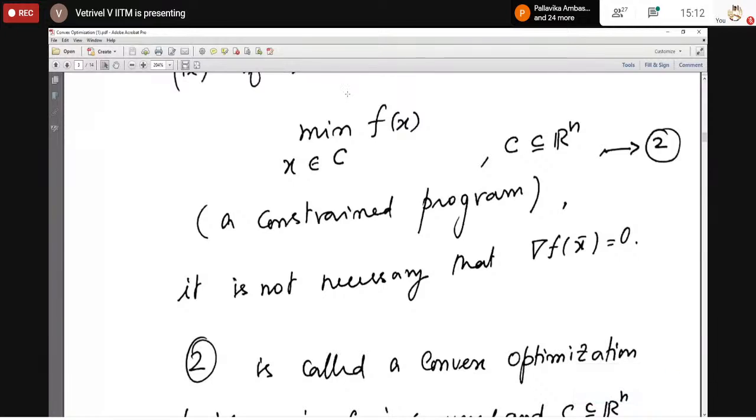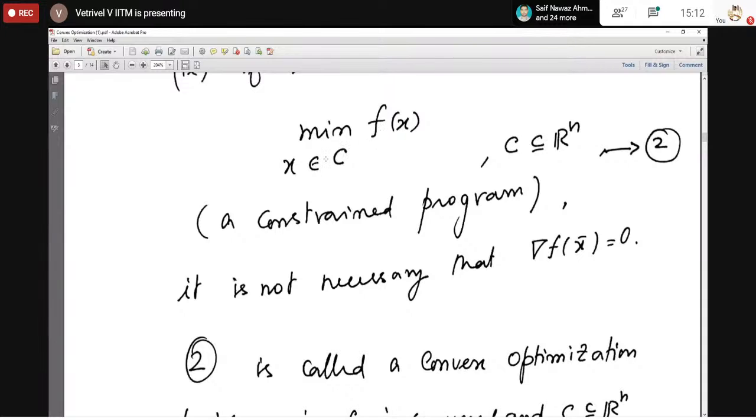In optimization literature, the terminology is that this minimization problem is called a program, a minimization program, like a linear program. Here convex means my set C also has to be convex, and f also should be a convex function.